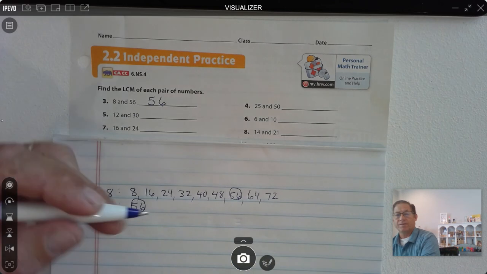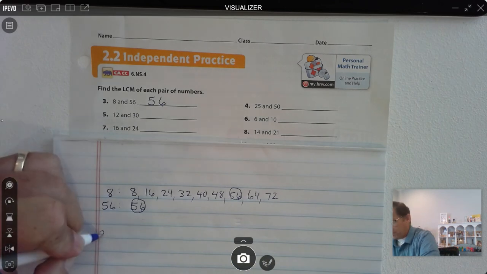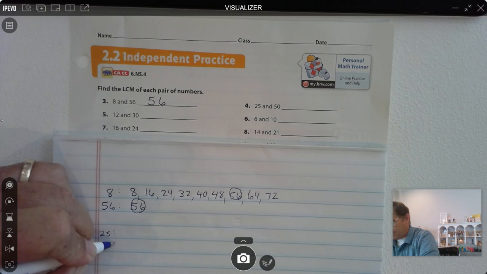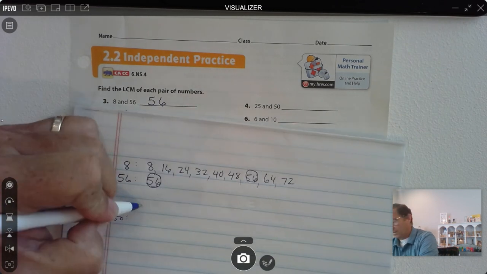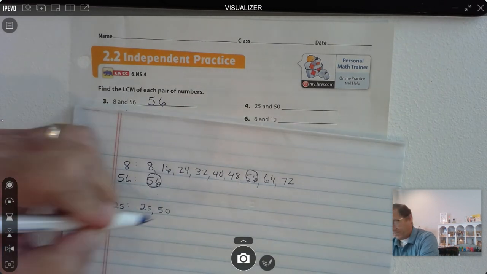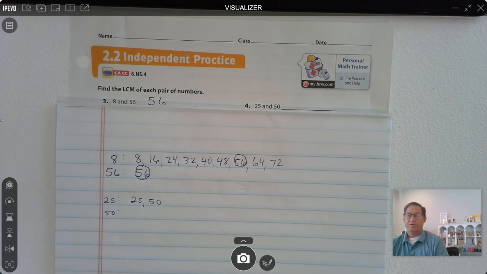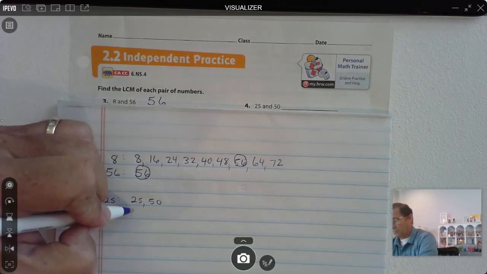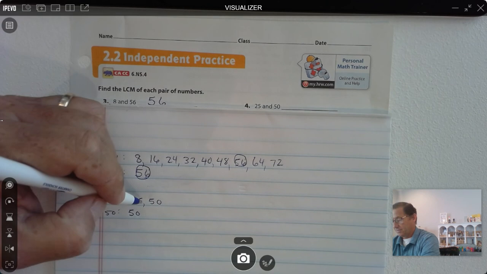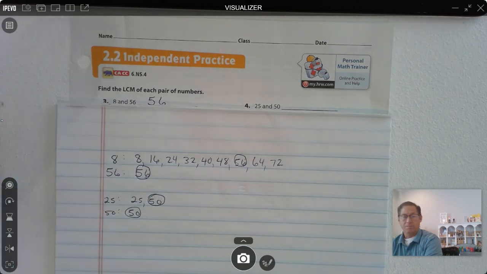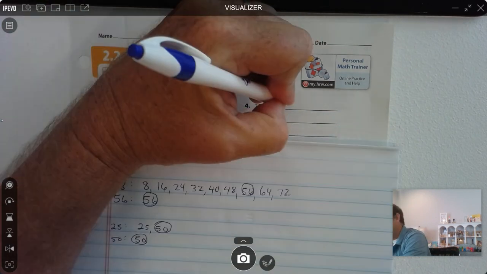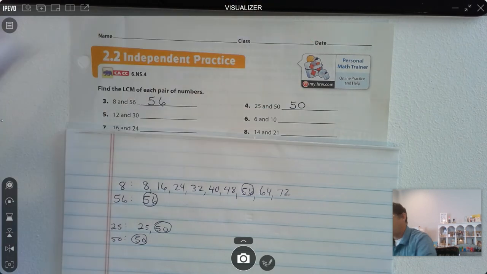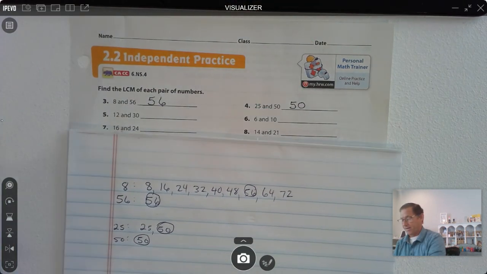All right, so let's look at 25 and 50. Again, 25, 50. Do I need to go any further? No, because the first multiple of 50 is 50. So the least common multiple is 50. Next, 12 and 30.